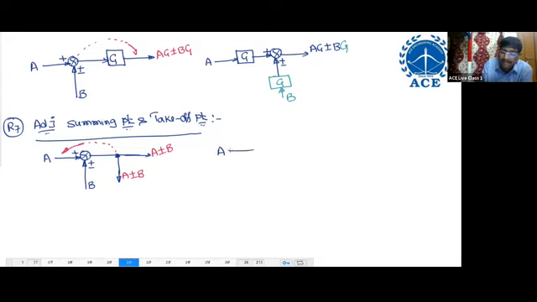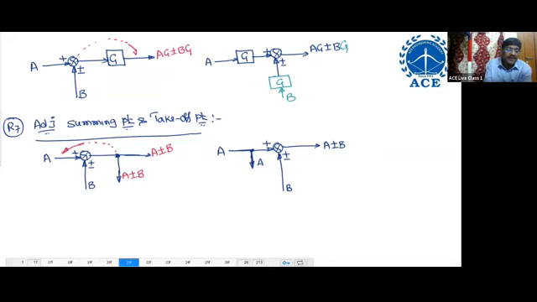A, here summing point, plus R minus B. So output is A plus R minus B. If I take the take-up point here, what will I get? Only A. But what I want is A plus R minus B. How is it possible?